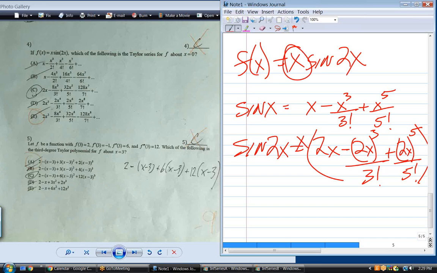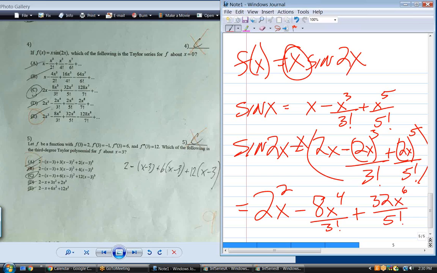That x right there. 2x squared minus, well, this was 8x cubed times x must be 8x to the 4th over 3 factorial plus, this is 32x to the 5th times x, so that becomes 32x to the 6th over 5 factorial, and that should be enough to tell us what our answer is. Sure enough, E.